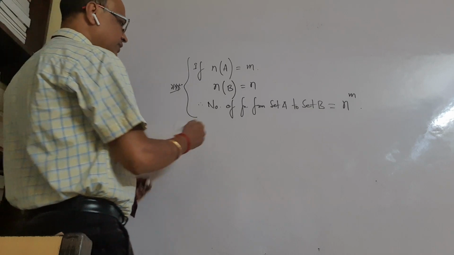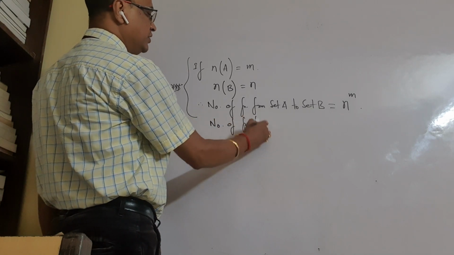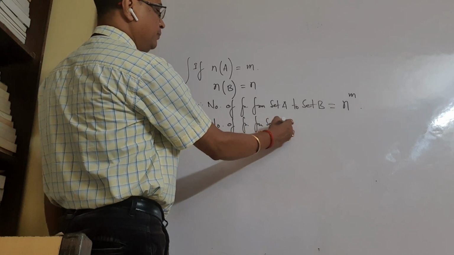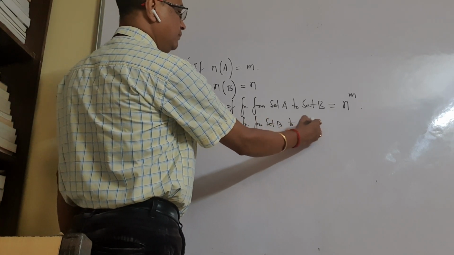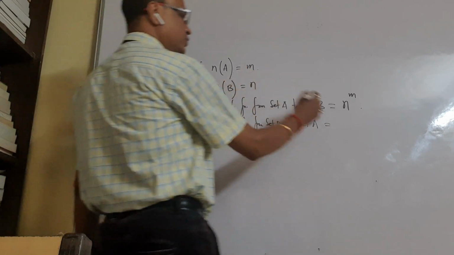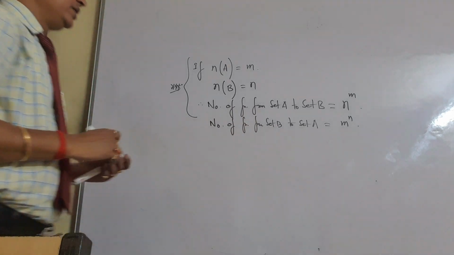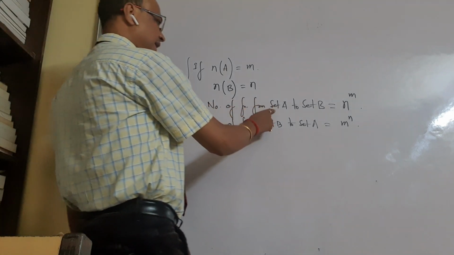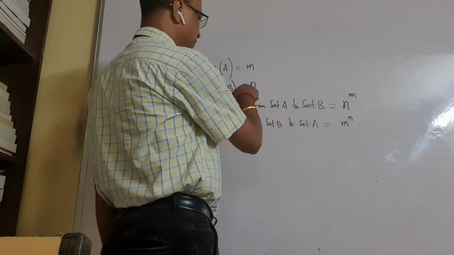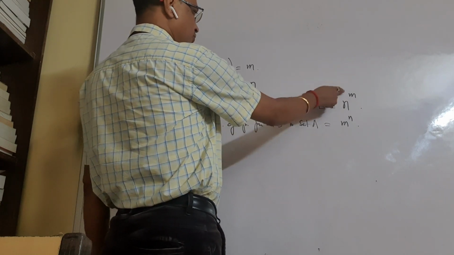But if you wish to find the number of functions from set B to set A, then what will come? From B to A, A is m, so it is m to the power n. Please try to get the pattern. If it is from set A to set B, set B comes in the base, that is n, and the number of elements of set A goes to the power.